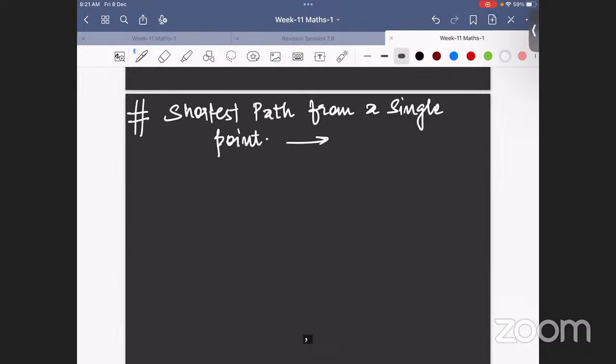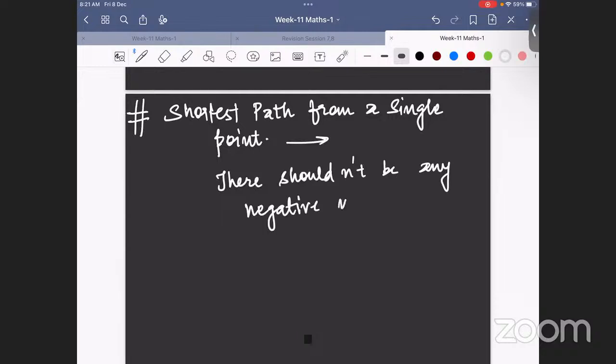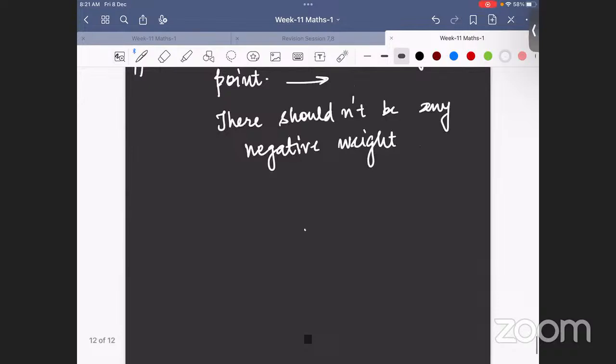to some other point in a graph, but the main thing here is there should not be any negative weight. So there should not be any negative values in the weight. Whenever the weight is given, P to C, or this X and all, there should not be any negative value.